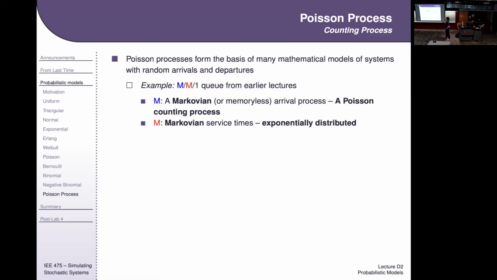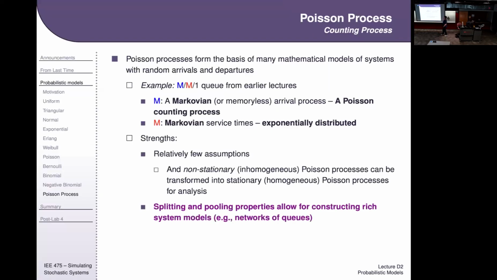And that's why you'll see, in 470, these queuing nodes, where they're saying the arrivals to this queuing node are distributed according to a Poisson process. And that's because of all the splitting and merging and stuff. That's one of the reasons why it shows up so much there. So, relatively few assumptions in the Poisson process.